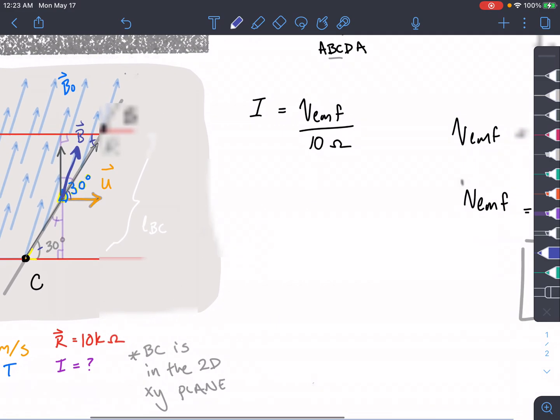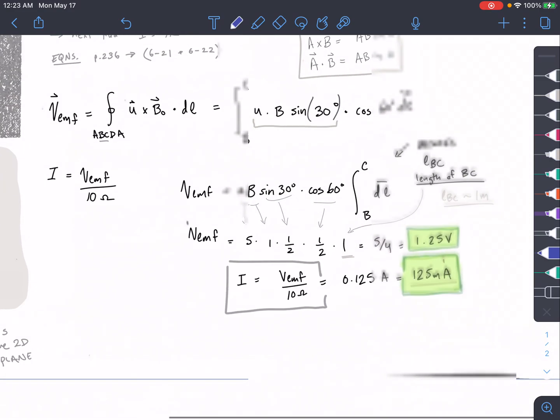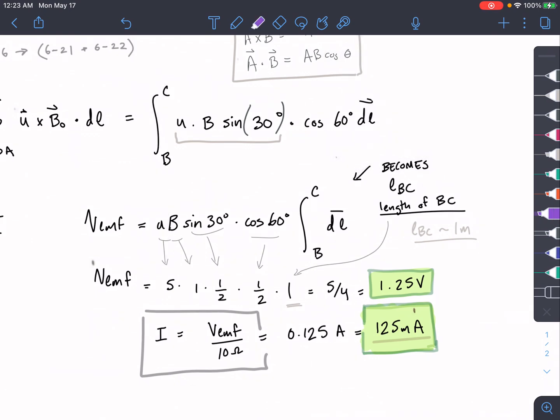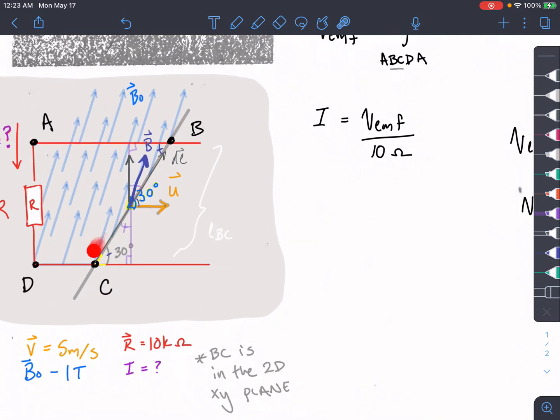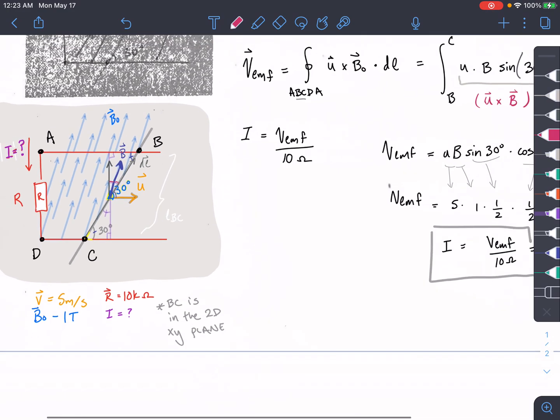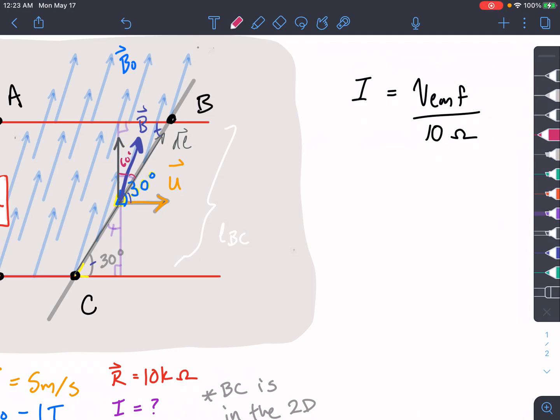That's how we end up with our cosine of 60 degrees, because it's this resulting cross product, dotted with DL, which is the line at this angle here, and the angle between them is right here, 60 degrees.